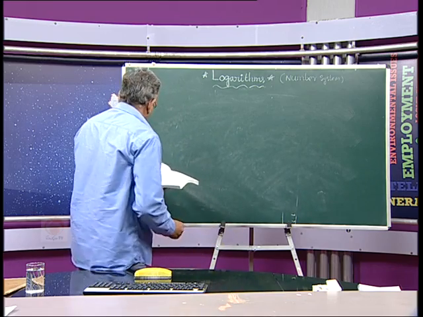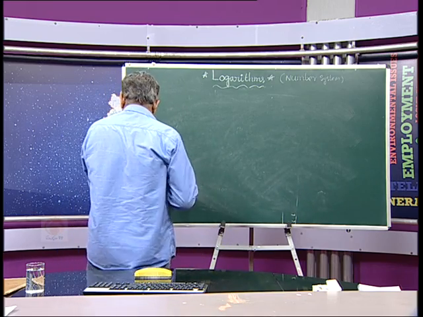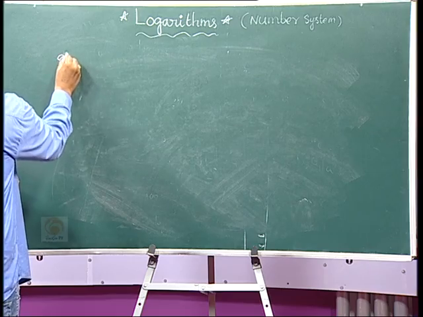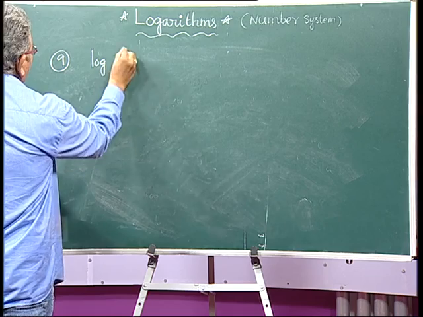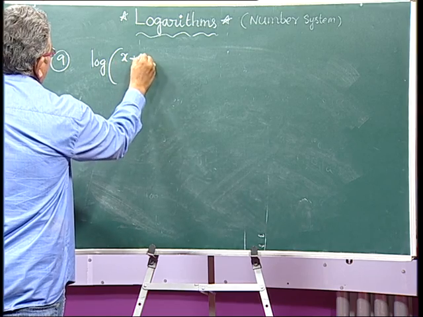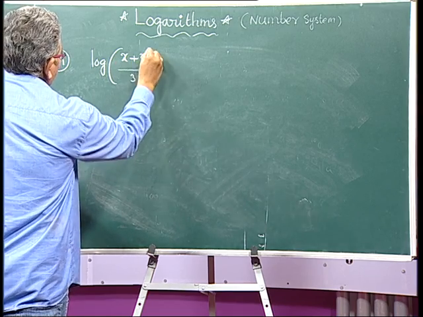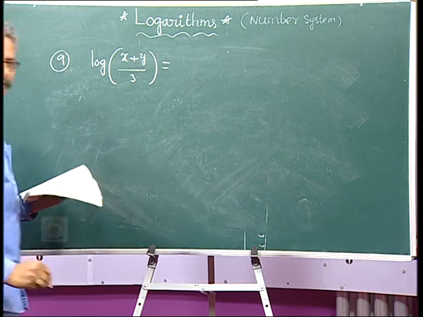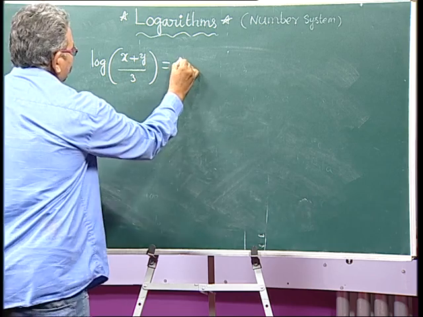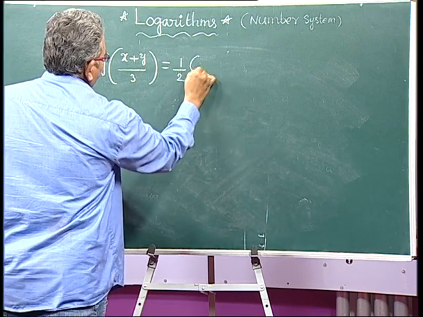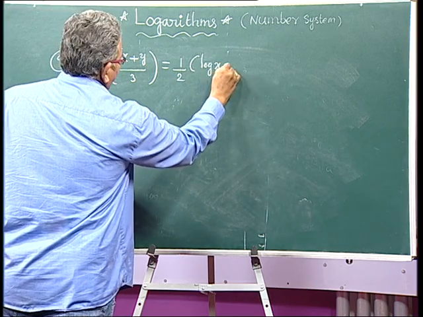Okay, next problem let us do. Log of x plus y by 3 equals one half of log x plus log y.